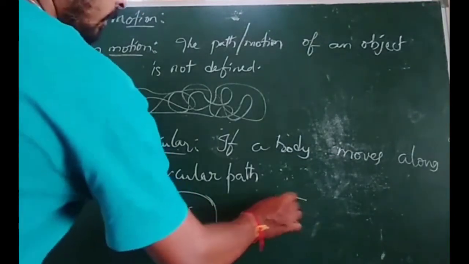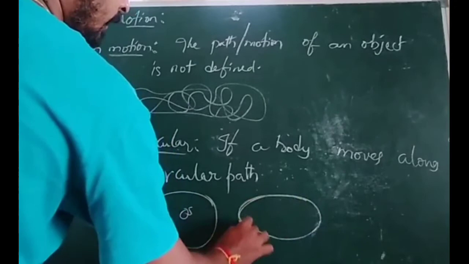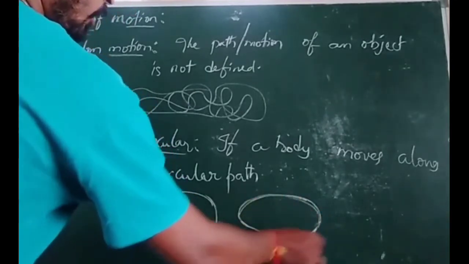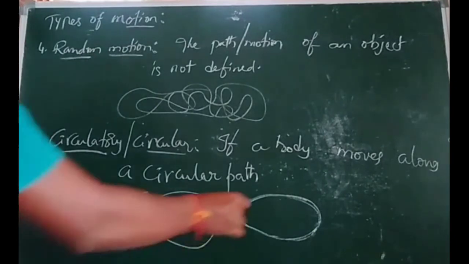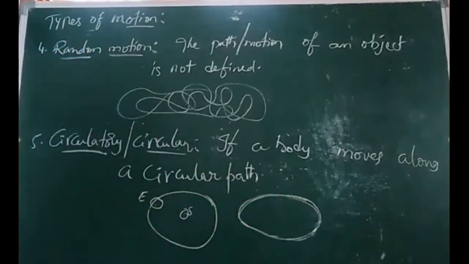And a car completes a revolution along a circular track. So it also comes under the category of circular motion or circulatory motion. If we complete a circular path, the path is like a circle, and completing that motion is nothing but circular motion.